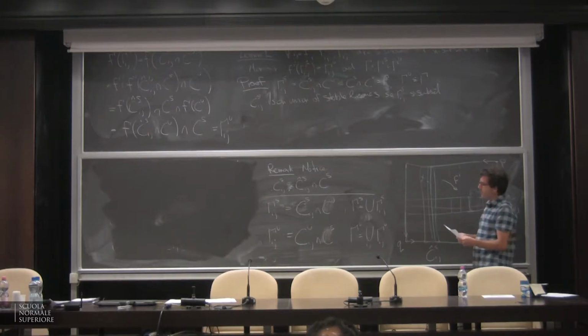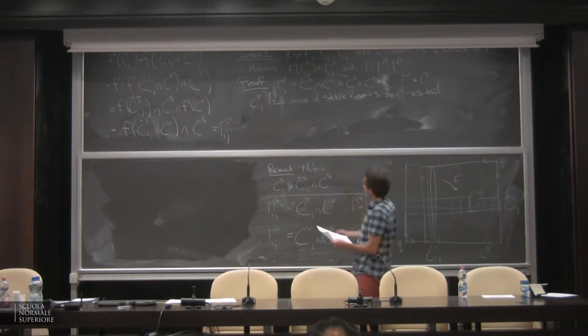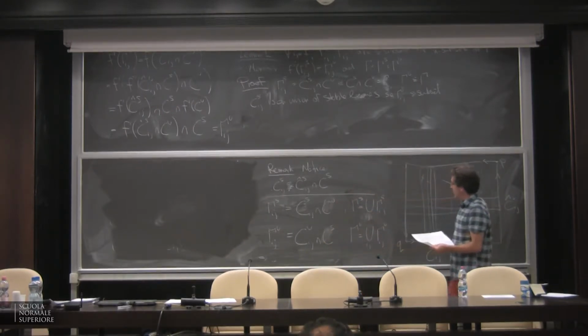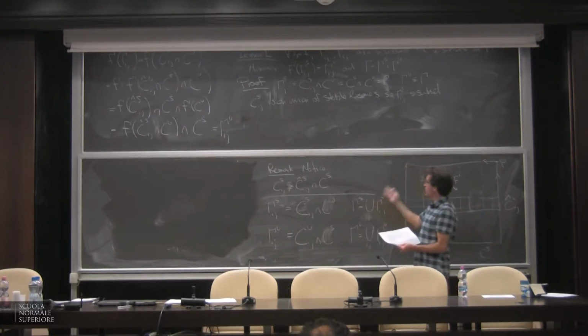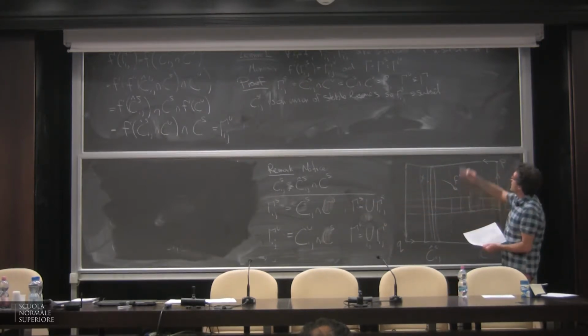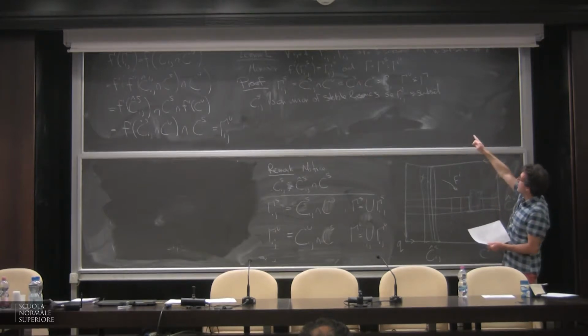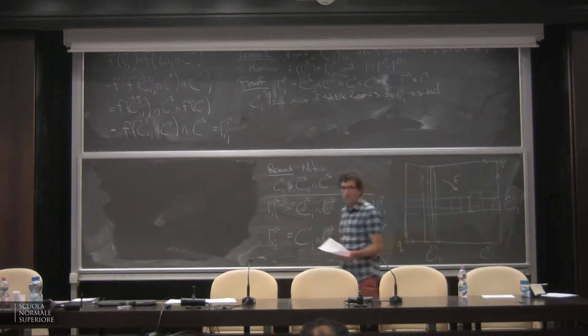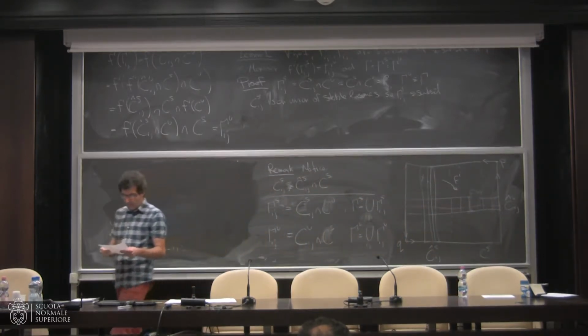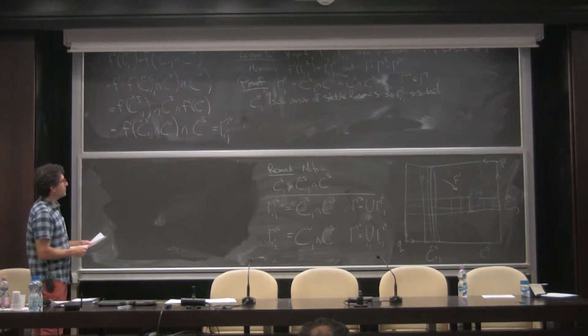Let me just skip this part, it's just a similar kind of calculation. It's kind of clear because every point belongs to some CSij, so every point belongs to some gamma Sij, and so the union, so gamma S is equal to gamma U is equal to everything. So let me skip that, and we can move on.